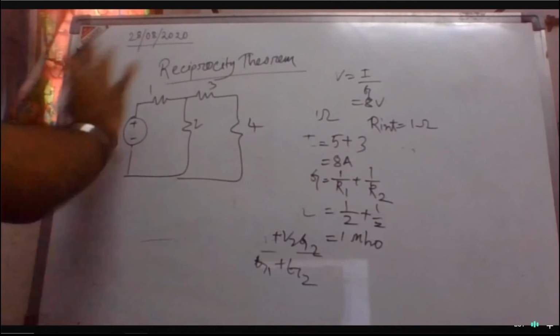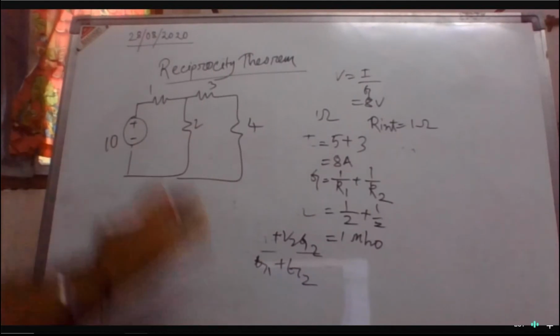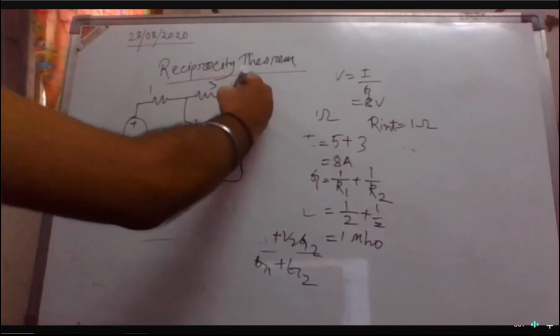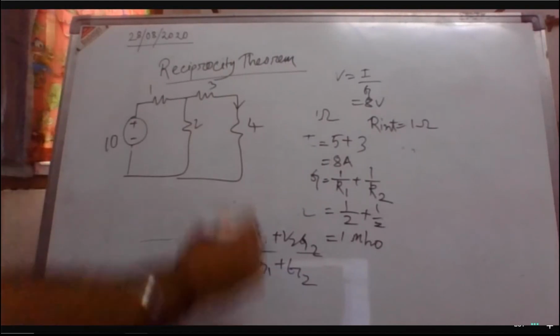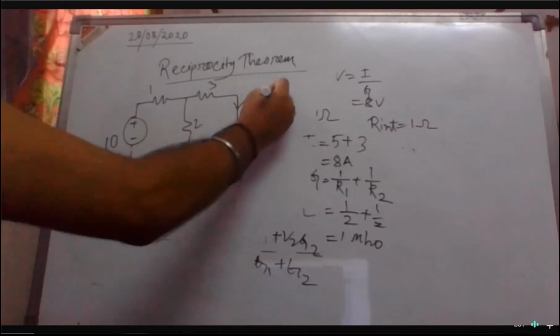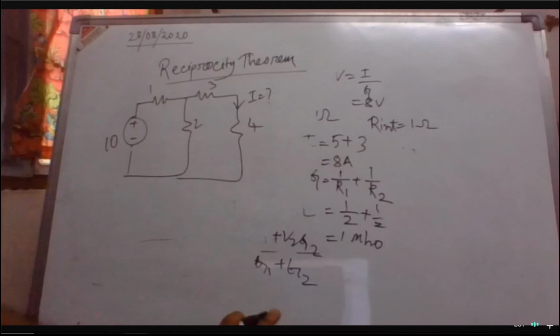For this circuit, we have to find the value of the current in this branch by any process, nodal analysis, mesh analysis, any process.